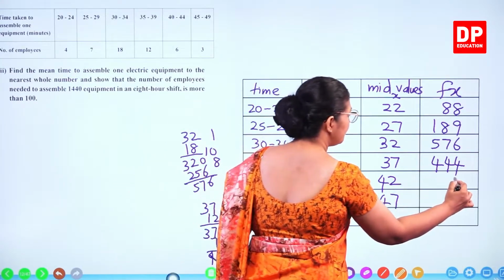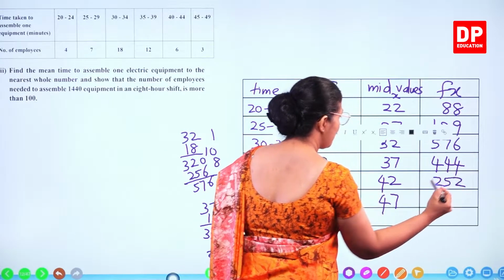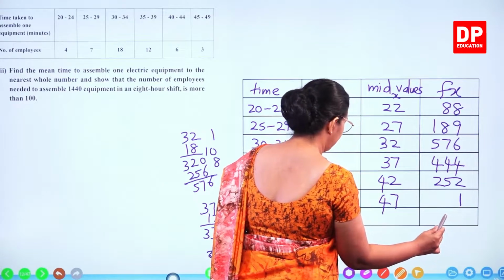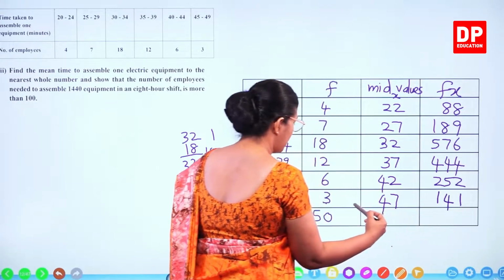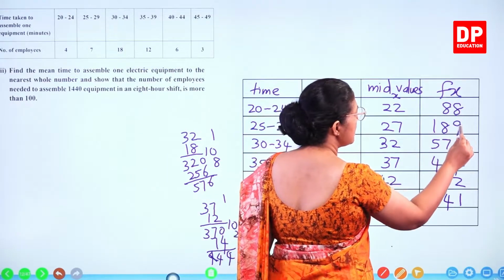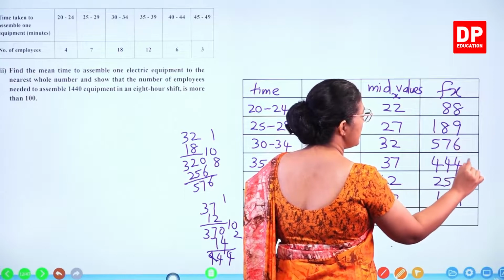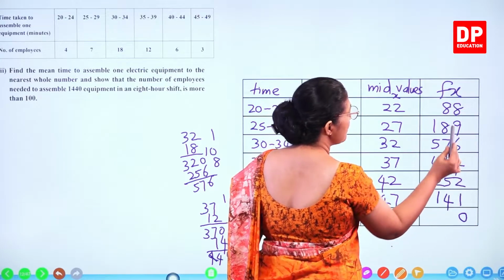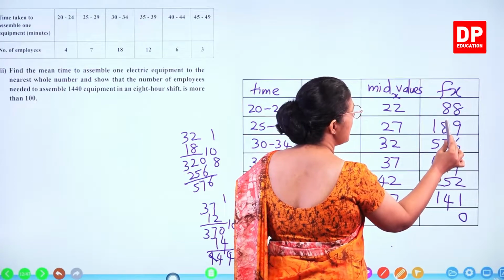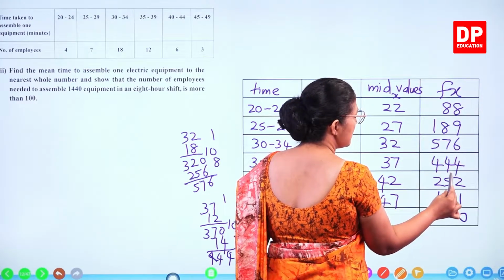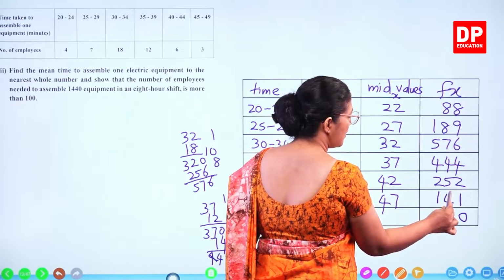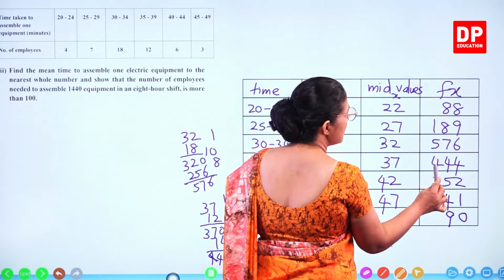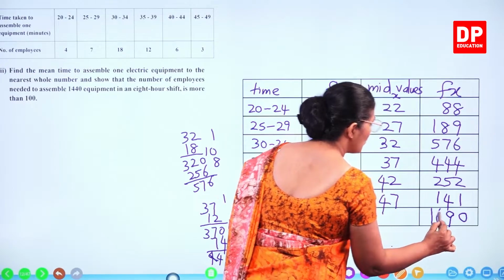6 times 42, 252. 3 times 47, 141. Now take the total and see. 8 and 9, 17, 27, 27 plus 3, 30. 3 remaining, 10, 18, 20, 26, 30, 35, then 39, 3, 4, 5, 6, 10, 15, 16, 1690.